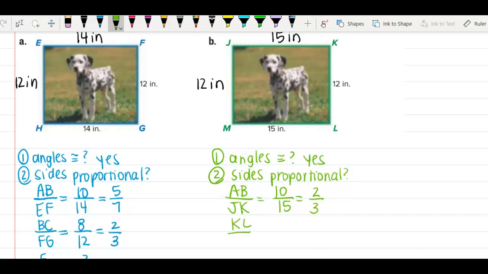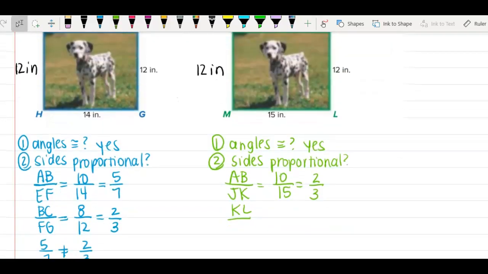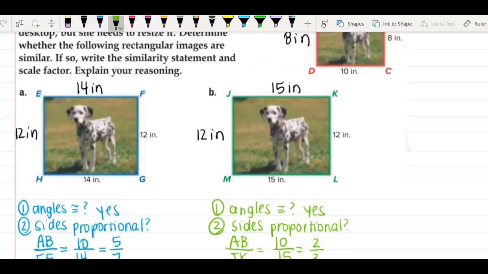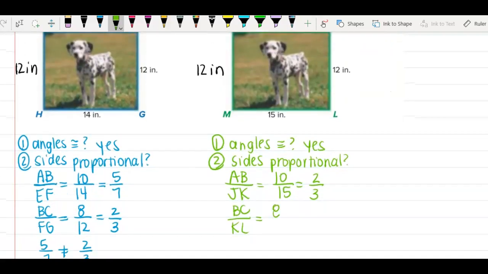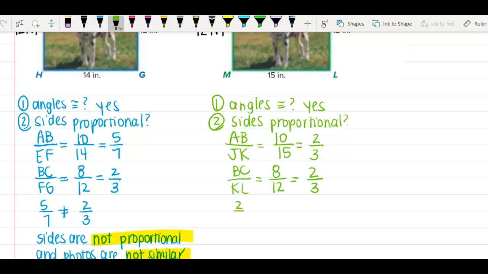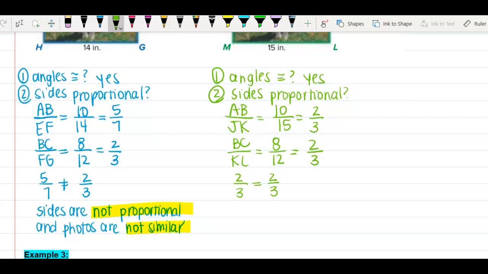And then KL is going to go, oh, no, I made a mistake. I wanted to do the big one over the small one, and I can't do that because in my first ratio, I did the small one, the red one, over the green one. So I have to say BC over KL, which is 8 over 12. Again, take out a 4, so 2 over 3. So 2 over 3 is equal to 2 over 3, obviously. So we would have sides proportional.